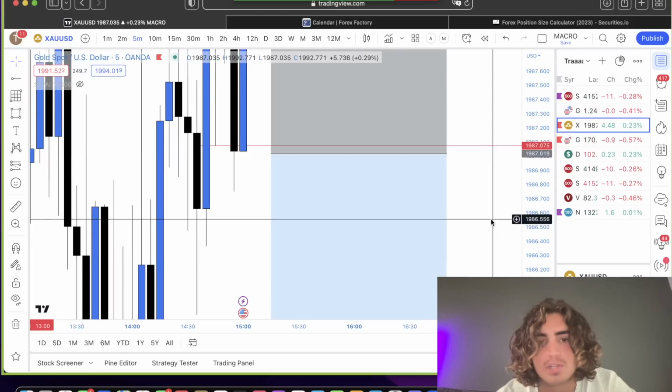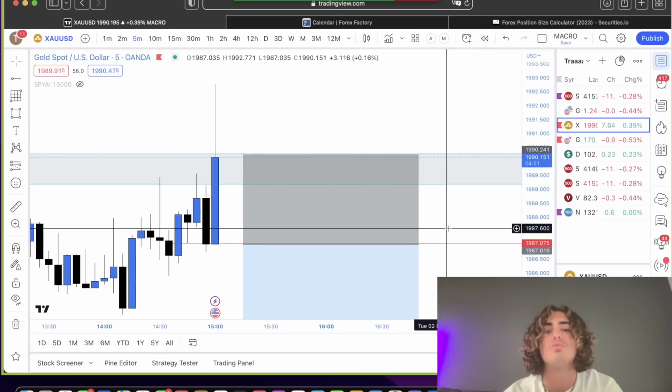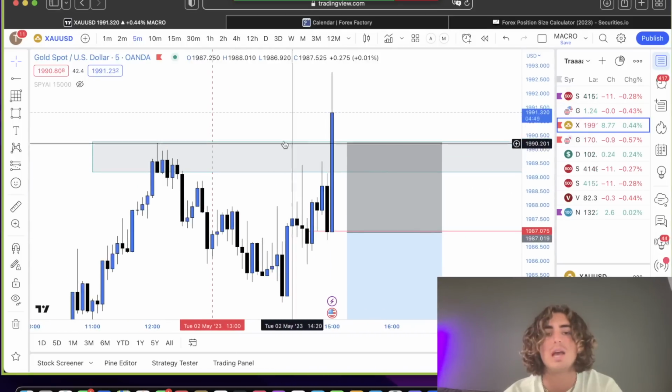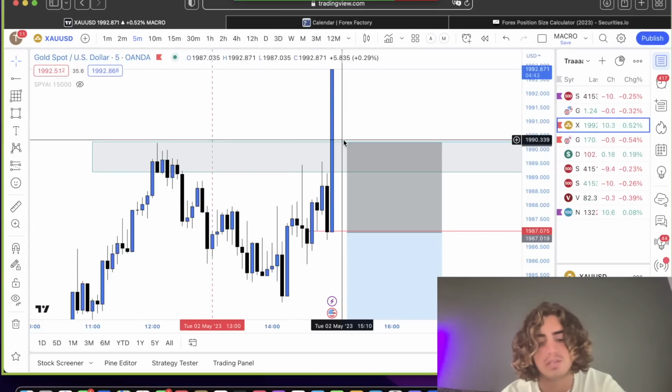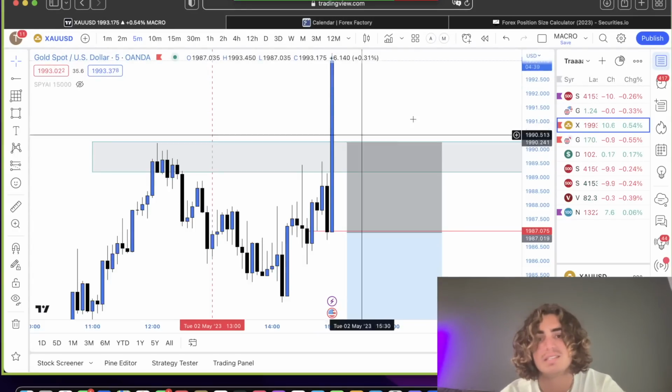Okay, we did get a break of structure. But wow, look at that rip to the upside. Okay, so we took out this. I'll be interested to see where this goes. Look at that. Jesus.